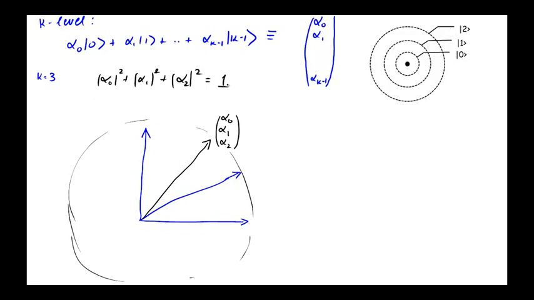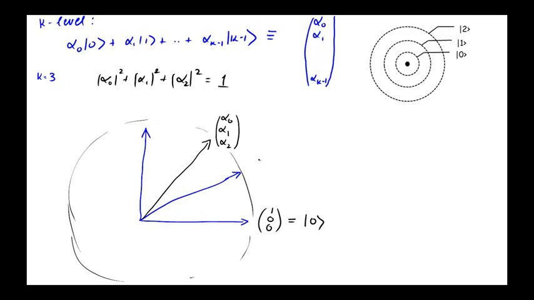So now we could ask, what are these three basis directions? What does the x-axis represent and what does the y-axis represent? Because these are also unit vectors. And so of course this x-axis represents 1, 0, 0. Which means alpha 0 is 1 and alpha 1 and alpha 2 are 0, which means that the system is in the state 0, the ground state.